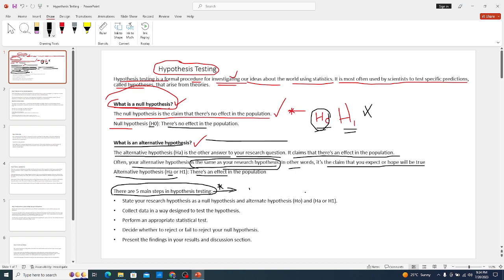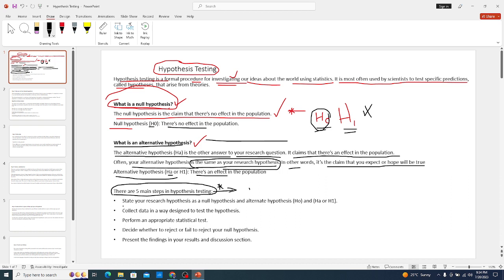Then maybe in future, when you are doing a research, you can always follow those steps to test your hypothesis, or to come to a conclusion about your hypothesis. Okay, good.